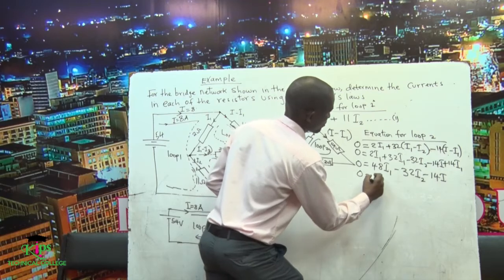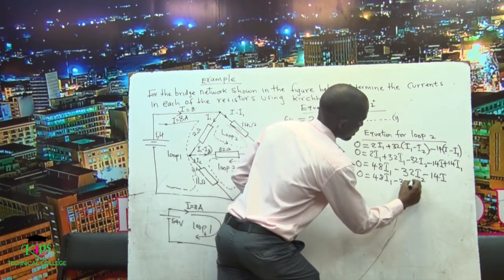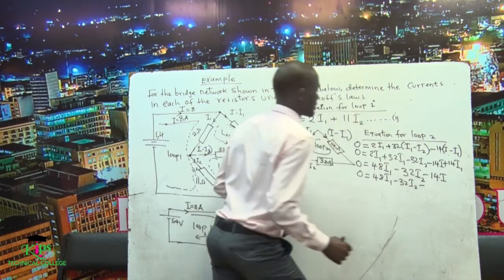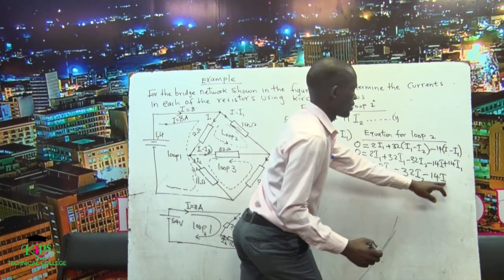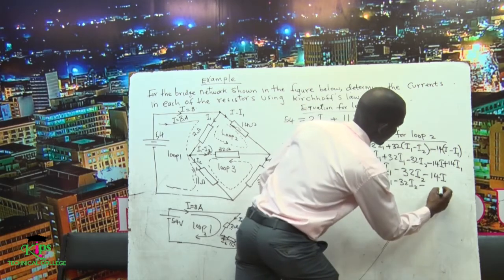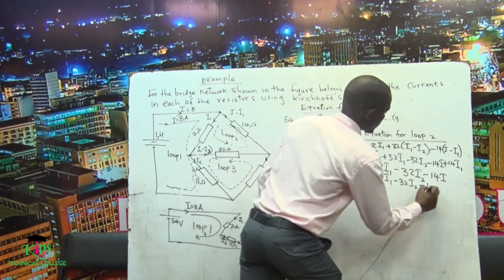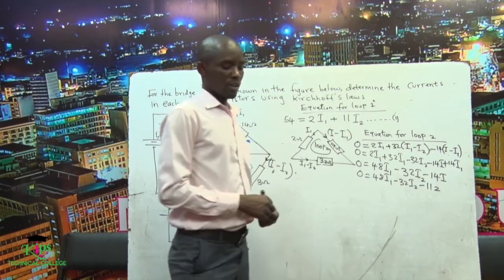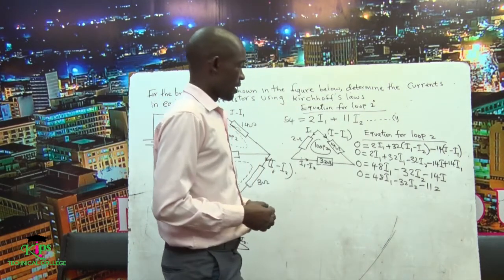0 is equal to 48 I1 minus 32 I2 minus, so we want to replace 14 with 8. So 8 times 14, you will get 112 as that value.